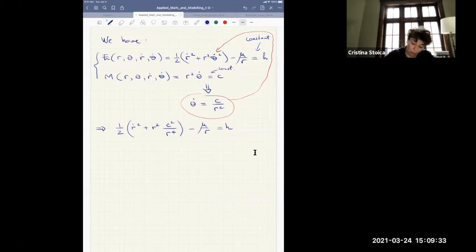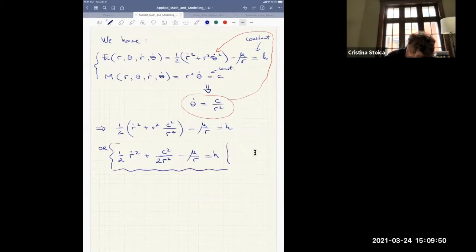Or 1/2 r dot squared plus c squared over 2r squared minus mu over r equals h. So what is this? That's what you have to show, right?